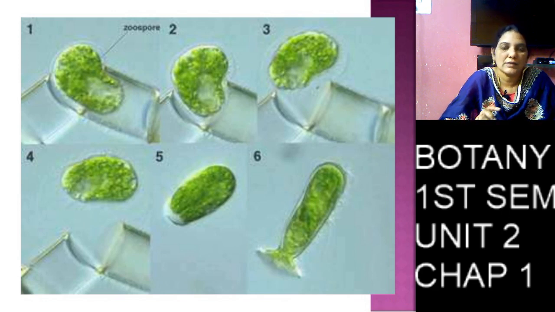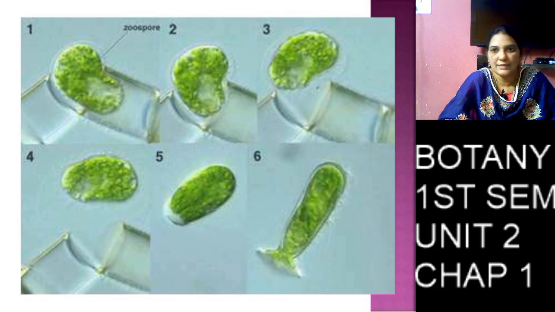One cell, in the middle of the cell, the cytoplasm migrates and converts into a round-shaped structure.